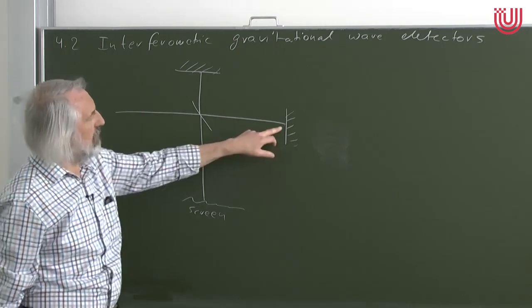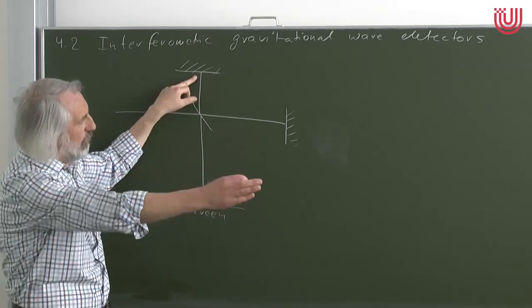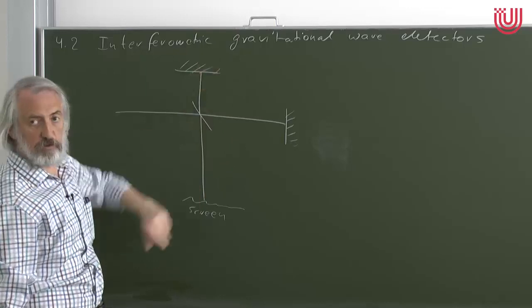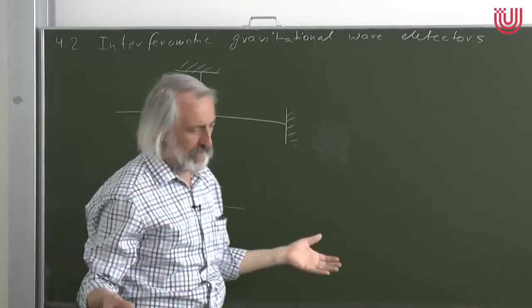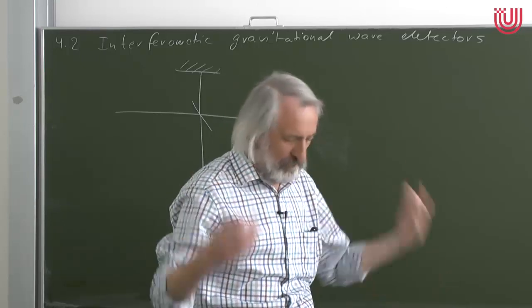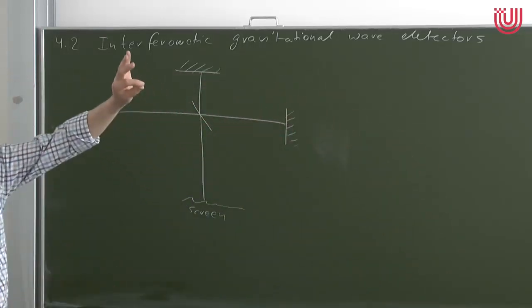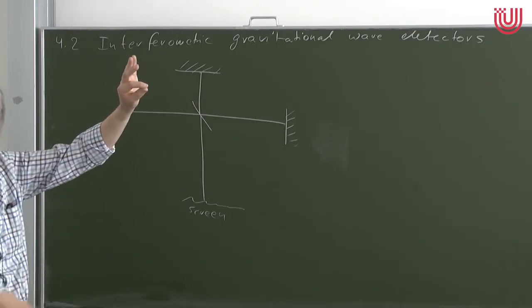The idea is that these mirrors are suspended in a way that they are free to move in the horizontal direction, in the plane of the board. Of course, they cannot be freely falling in the strict sense, then they would smash to the ground. So you have to suspend them, but you can have them moving as freely as possible in the horizontal direction.